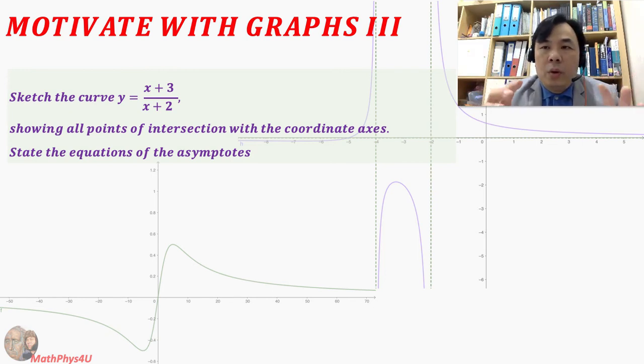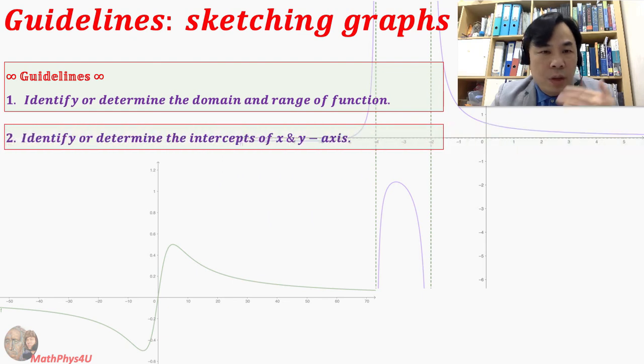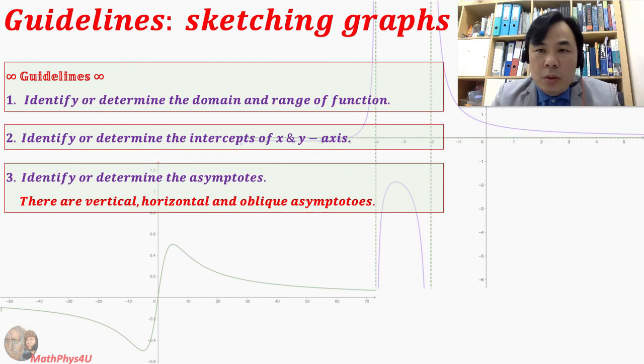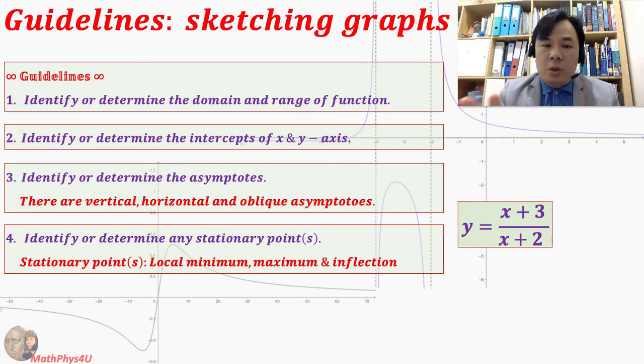If you have these types of rational function, then we are going to follow the same guidelines to sketch them, but there will be more features to explore for these improper rational functions. So same thing, we determine the domain and range, identify any intercepts, next asymptotes, and then lastly stationary points. And then this is the graph that we're going to sketch shortly.